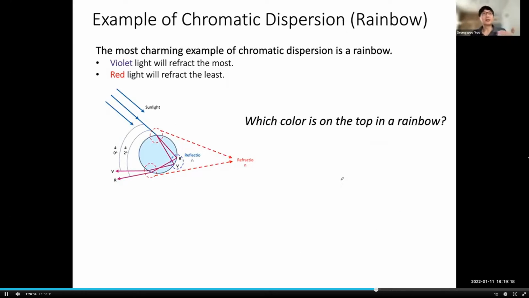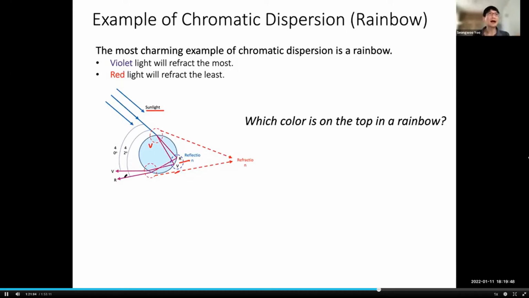One example of this chromatic dispersion in our daily life is the rainbow. Sunlight can enter a water droplet, and because of the dispersion, the sunlight will split into the different rainbow colors, and the red color and the violet color will refract at different angles.